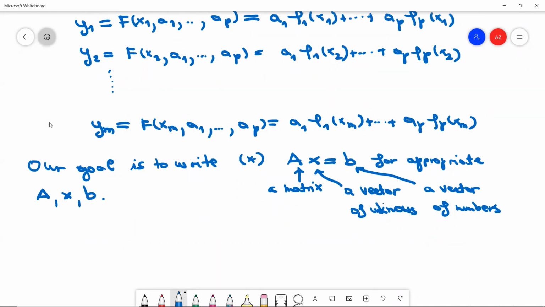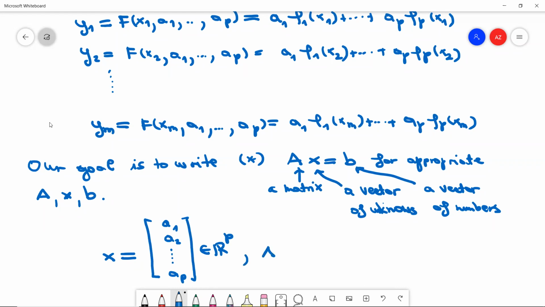So let's start with x as you've said. Our x is a vector of unknown parameters, a1 up to ap. So this is a vector, a p-tuple.